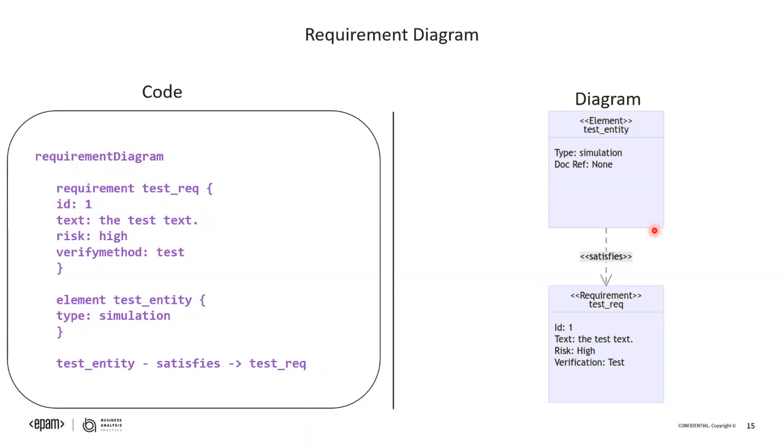This is more strict; you cannot add new fields to this. But you can use all of these fields. For requirements, there are IDs, text, risks, and verify methods. For elements, it can be types or docref to reference some of the document. And you can have notations between them, of course, and connect them to each other.